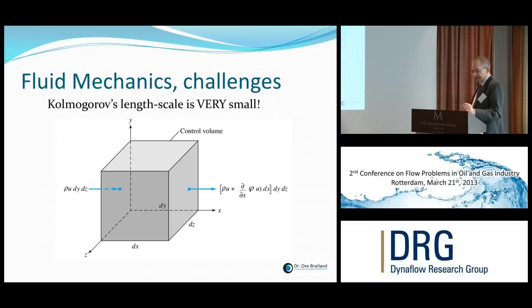The action in friction is on a very, very minute scale. When you form turbulent eddies in a pipeline, they break down and become smaller and smaller and smaller. And the final friction contribution happens when they have become very, very small, like microns. So tiny, in fact, that if we want to simulate it directly, we would have to have a very, very fine grid, so fine that we can't do it.